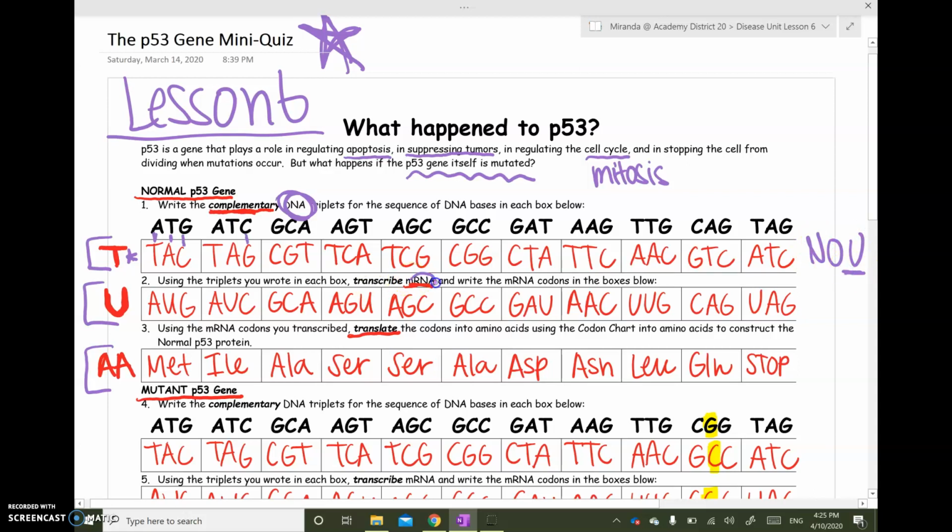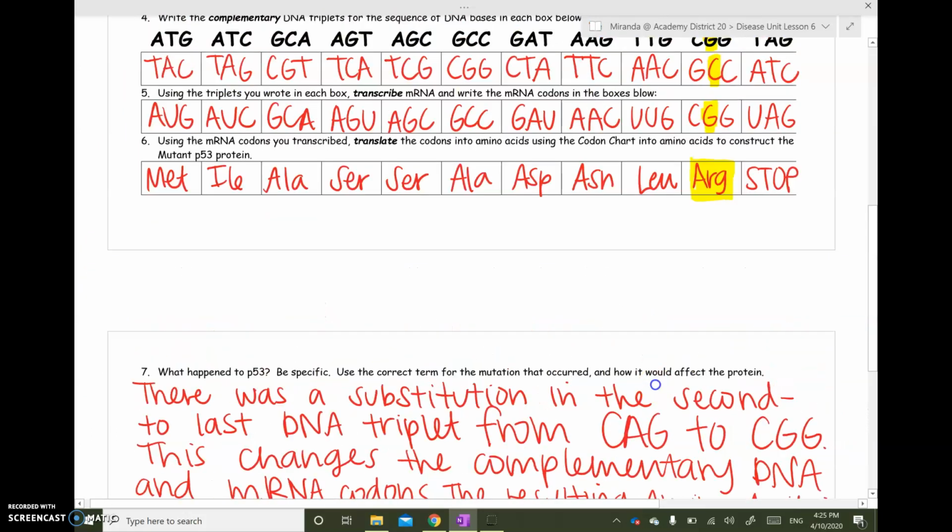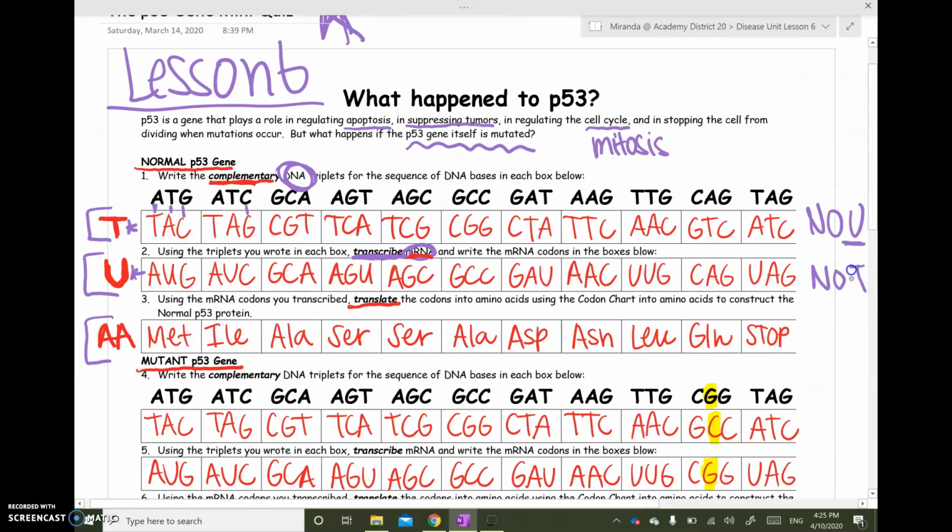Then we're going to do RNA, and so we're going to do transcription, which is what we did last unit. So now there are U's. Okay, now in this section there are no T's. So we have T goes with A goes with U, C goes with G, and G goes with C.